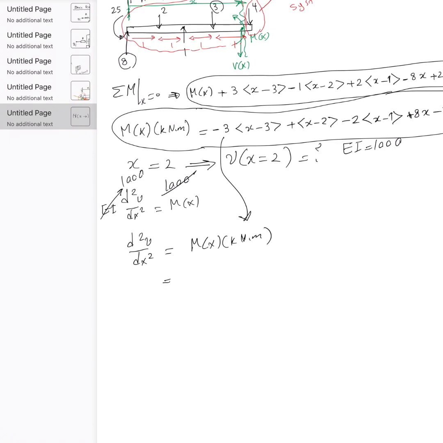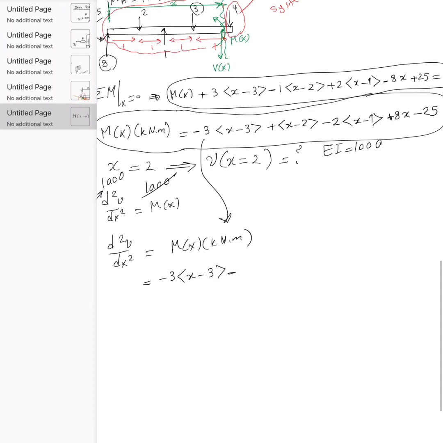So that is equal to negative 3 times x minus 3, plus x minus 2, negative 2 times x minus 1, plus 8x, negative 25.